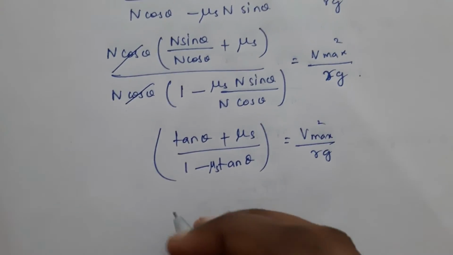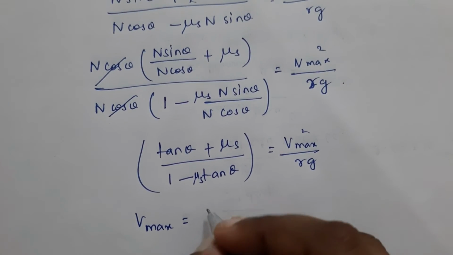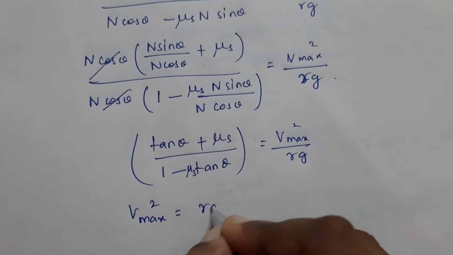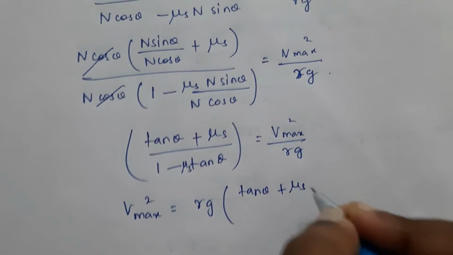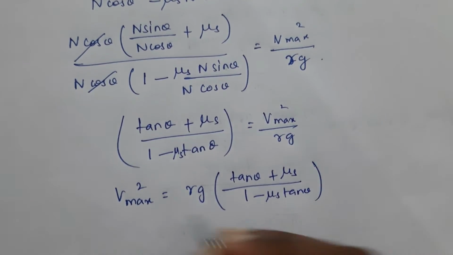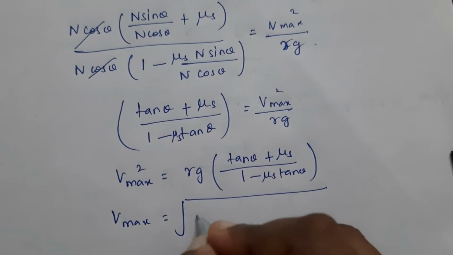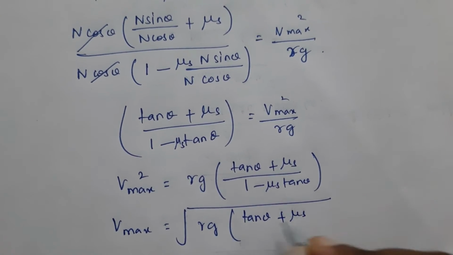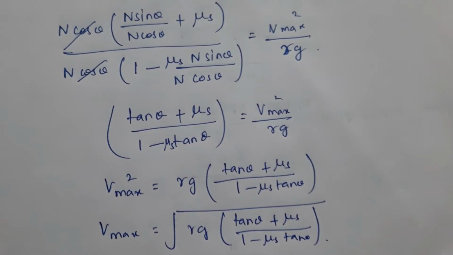So V maximum square is equal to Rg into tan theta plus mu s by 1 minus mu s tan theta. So V maximum is equal to root of Rg into tan theta plus mu s by 1 minus mu s tan theta.